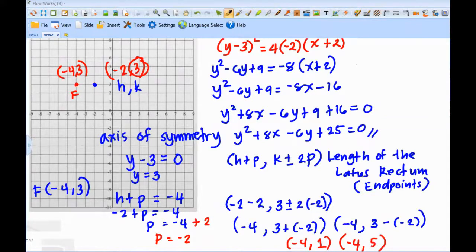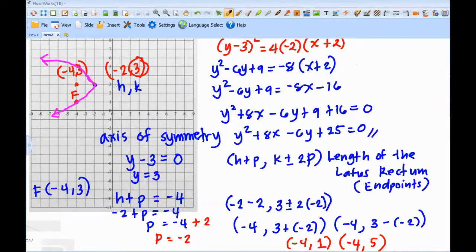So let us graph which is negative 4 and 1. Negative 4 and 1 is here. Negative 4, 5 is here. Now we can graph our parabola. So this is the vertex. And also there. Okay.